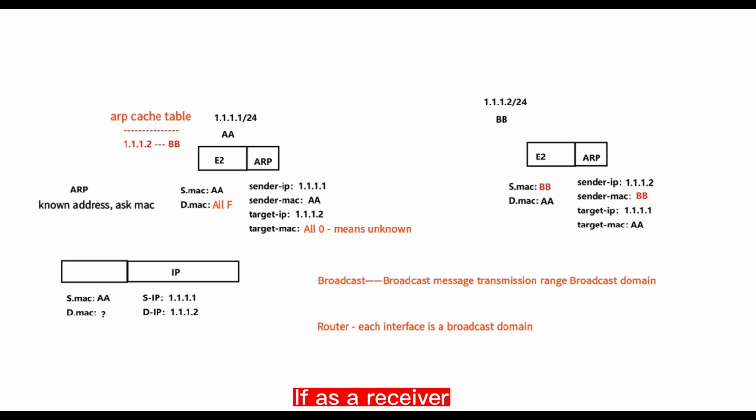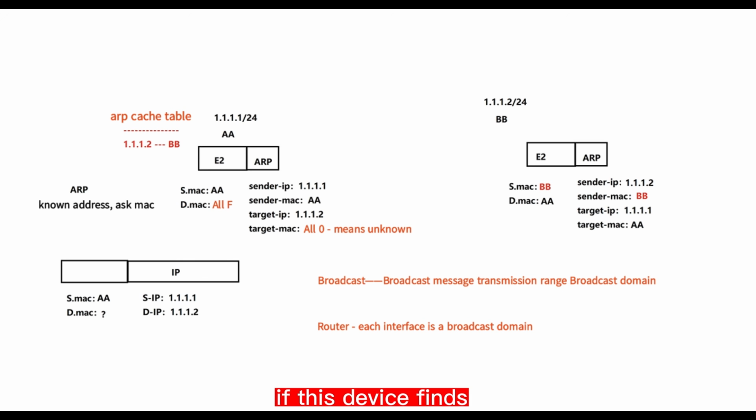If a device receives a broadcast but it is not for it, will it reply? Look, now PC2 requests 1.1.1.2. If there is a device that is 1.1.1.3, it also received this broadcast. So will it handle it?